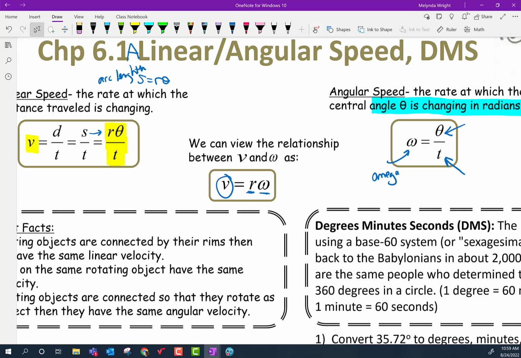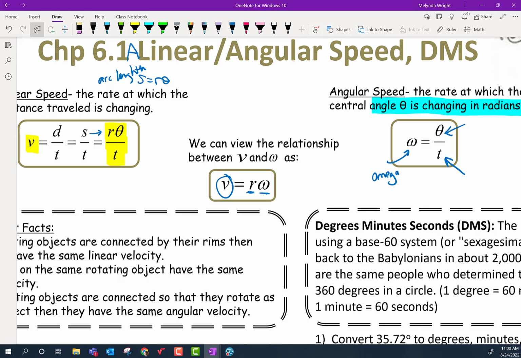That's because you are physically moving faster. Your linear speed is faster. That's why you feel the pull, versus being in the middle. So linear speed depends on the radius. The farther away you are from the center, the faster you're going to go, because you are going over more distance. The larger the radius is, the more distance you are traveling in the same amount of time. Does that make sense?